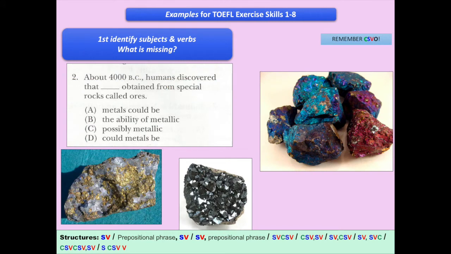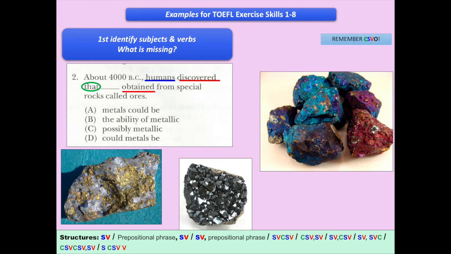Number 2, we have a subject, humans, and a verb, discovered, and then a connector, that. Then we have a past participle, obtained. So we're missing one subject.